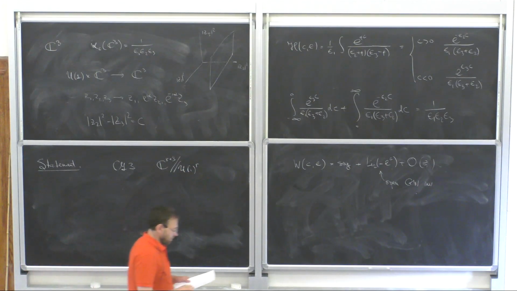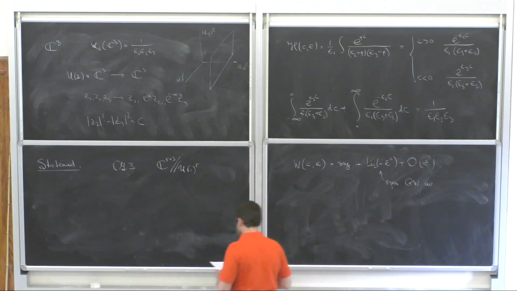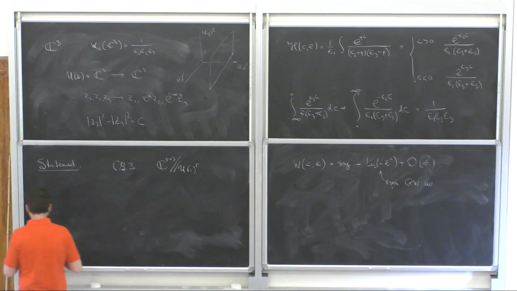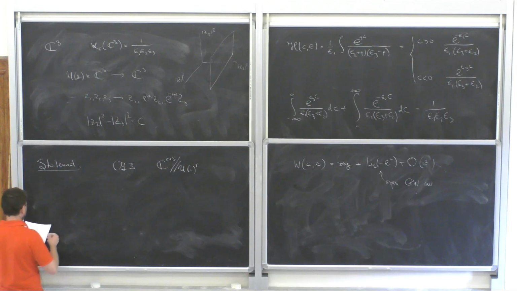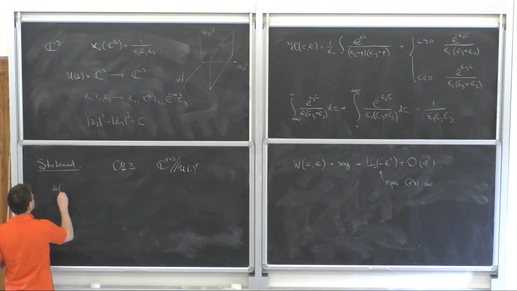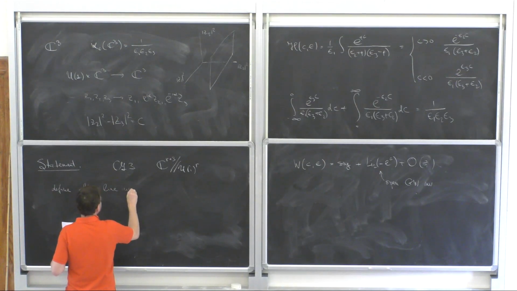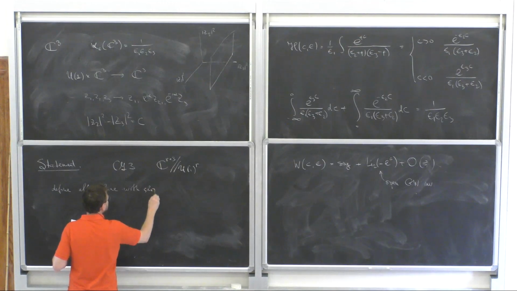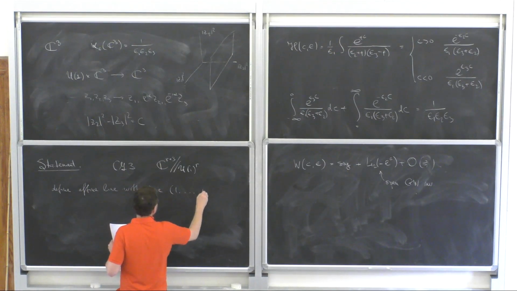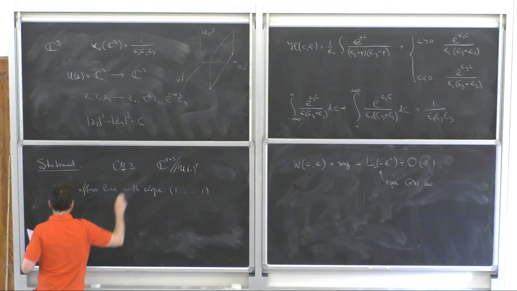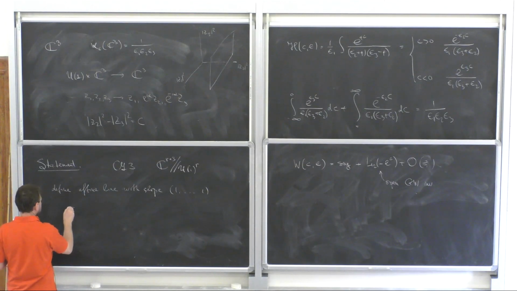And if you go back, I don't know, 20 years ago, then there is the following way. So you can define a affine line with a slope 1, 1. So you define this in a bigger space. So you write this as follows.